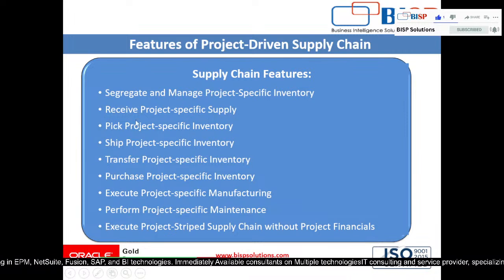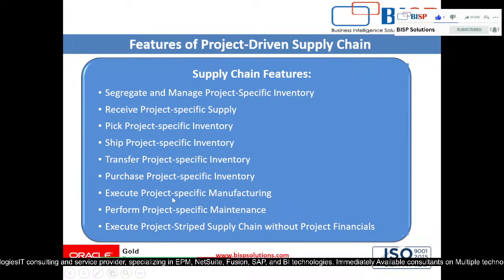We will see what the project specific supply is, and we have the different inventory operations, like we pick the project, we ship the project, we transfer the project, we purchase the project, right? First we purchase the project specific item, then later on we transfer our specific item to construct our item, right? And then we pick and ship our project specific inventory.